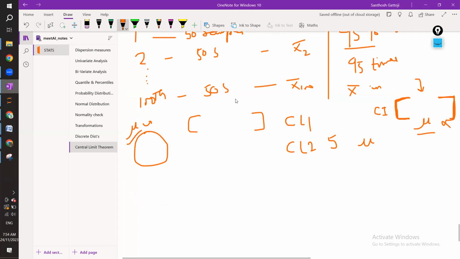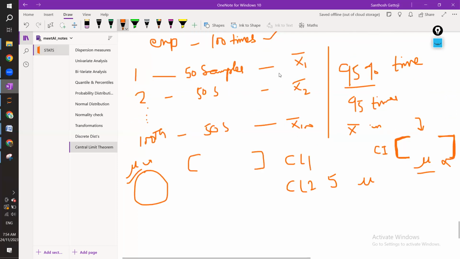Right. So every time you randomly take, say, 50 samples and calculate the confidence interval, it will have some range. If you take another set of samples, obviously x bar will be different. So the confidence intervals will always be changing, not greatly but slightly. But mu is mu. The population we can't touch.